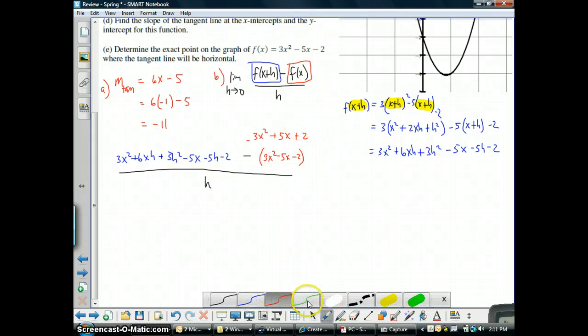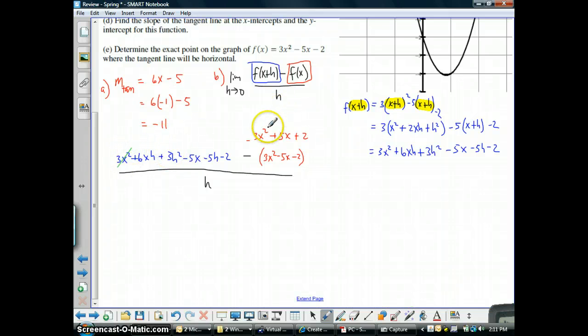So now I'm going to be able to cancel out a couple of things. 3x squared cancels. Minus 5x plus 5x cancel. Minus 2 plus 2 cancel. So then I'm left with 6xh plus 3h squared minus 5h, and that's it, with h on the bottom.